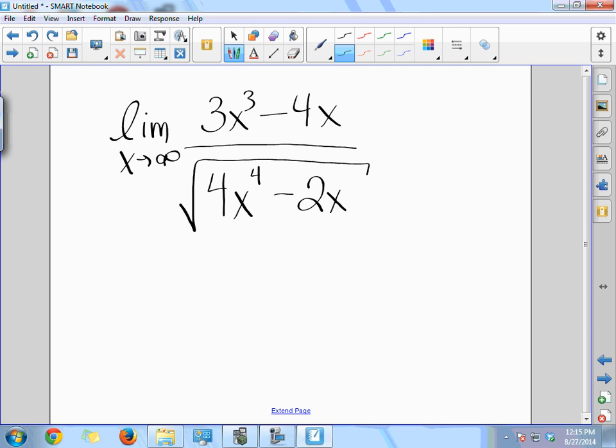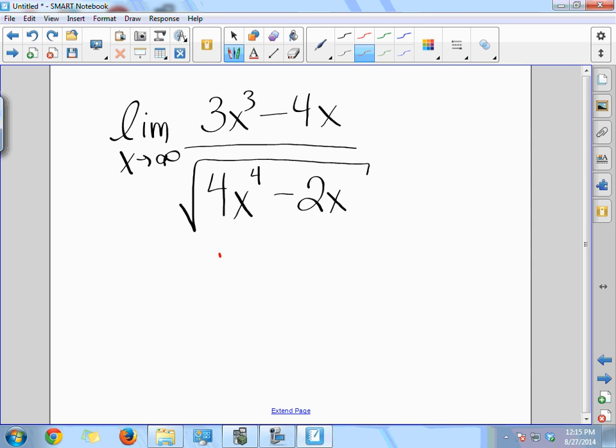If you look at the bottom, I told you to look at the degree of the bottom. Well, we have x to the fourth, but that's not really your degree because you're taking the square root of it. Although you and I know that I can't really distribute this square root to both terms, what happens to my degree is that I would actually take the square root of x to the fourth, and that would give me my degree.